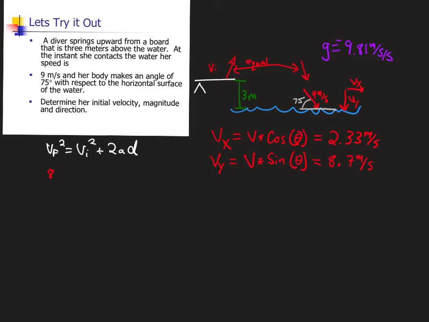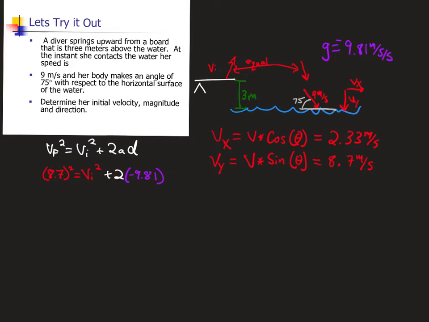We would have 8.7 squared is equal to v sub i squared, which we're actually solving for. Now here, we would add 2 times negative 9.81.